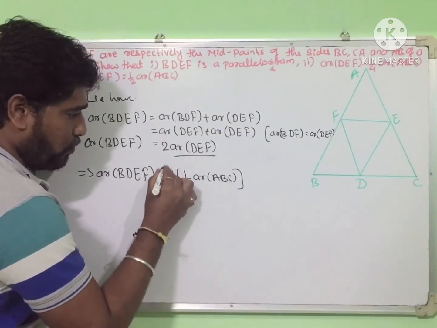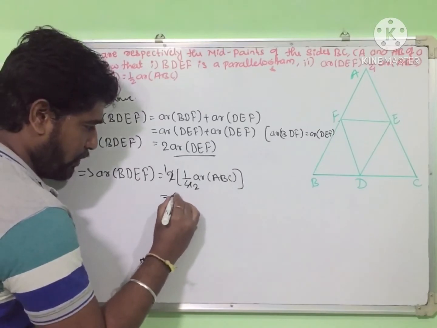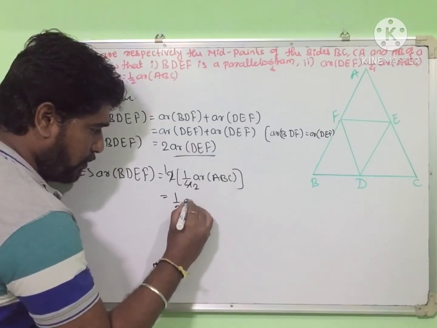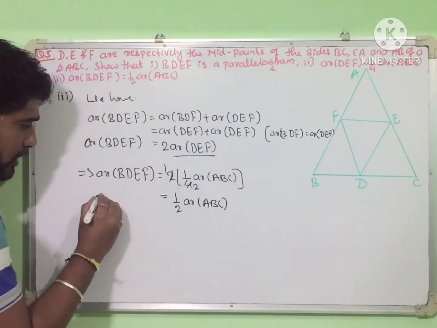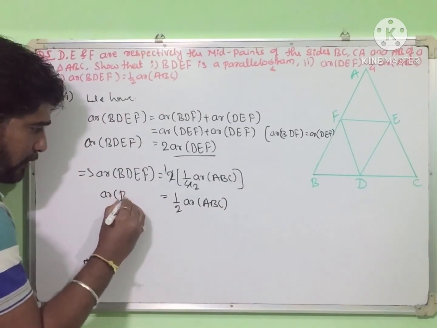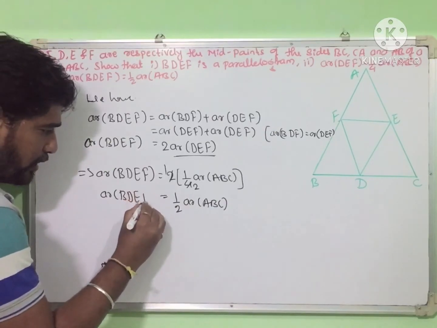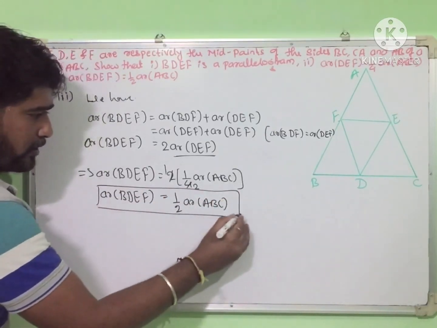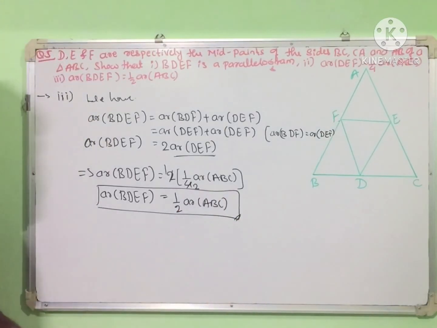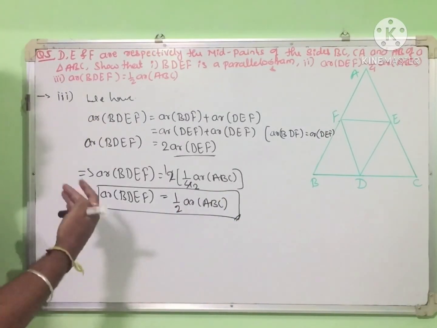So 2 ones are 2, 2 fours are 8, we get here 1 by 2 area of ABC. So this side is the area of BDEF. Hence proved. Is it clear? So this is all about question number 5.